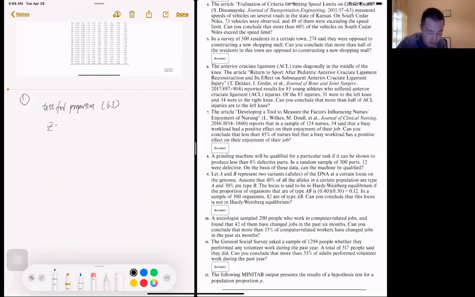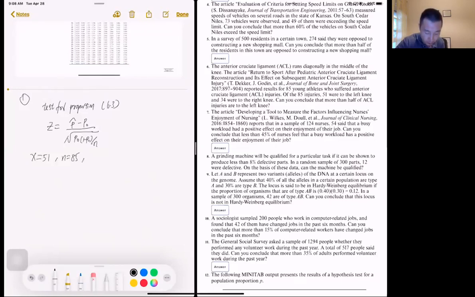The equation for that, I just write it down here: the sample proportion minus P0, over the square root of P0 times 1 minus P0, over sample size n. The question tells us 51 on the left knee, and the sample size is 85.